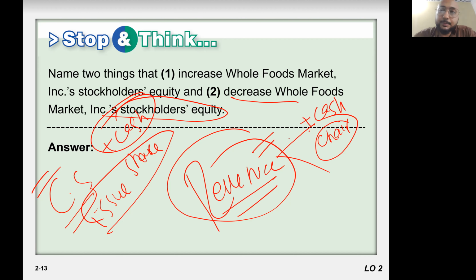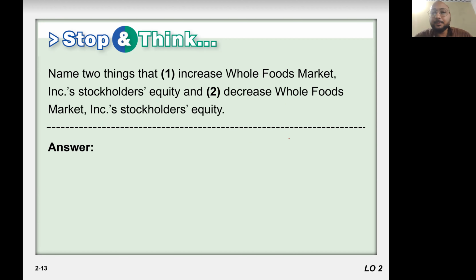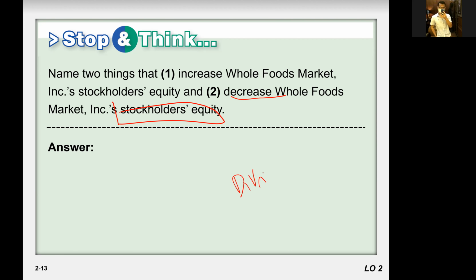Yeah, clear. So name two things which decrease the stockholder equity. Dividend? Well done. One. If dividend increases, stockholder equity decreases.